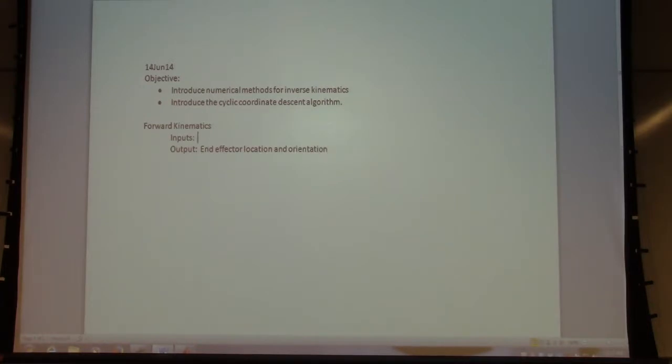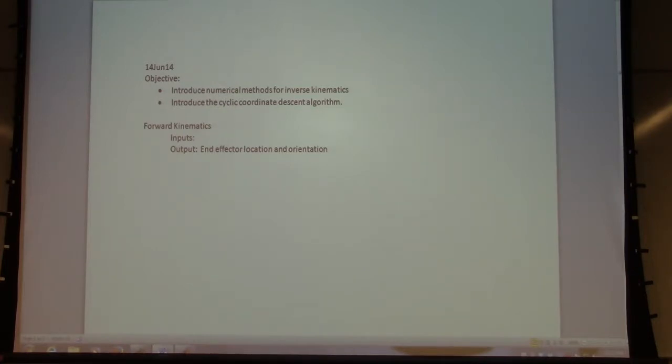What we end up getting out of the forward kinematics is the end effector location and orientation. And for that matter, we get the other joint locations and orientations as well. But the big one we're interested in is just the end effector.